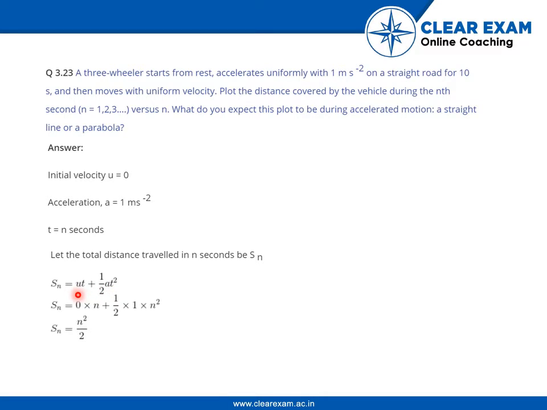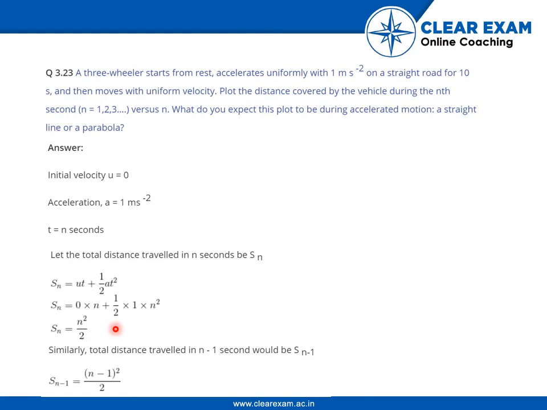The value of u is known, which is 0. The value of a is also given, which is 1 meter per second square, and the t we assume to be n. By applying this formula, we get Sn equals n square by 2.